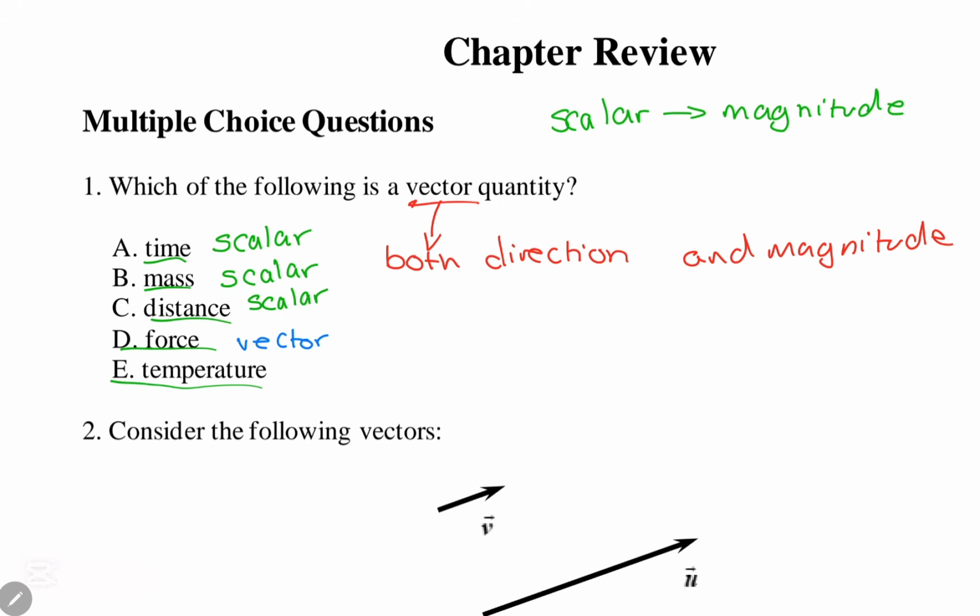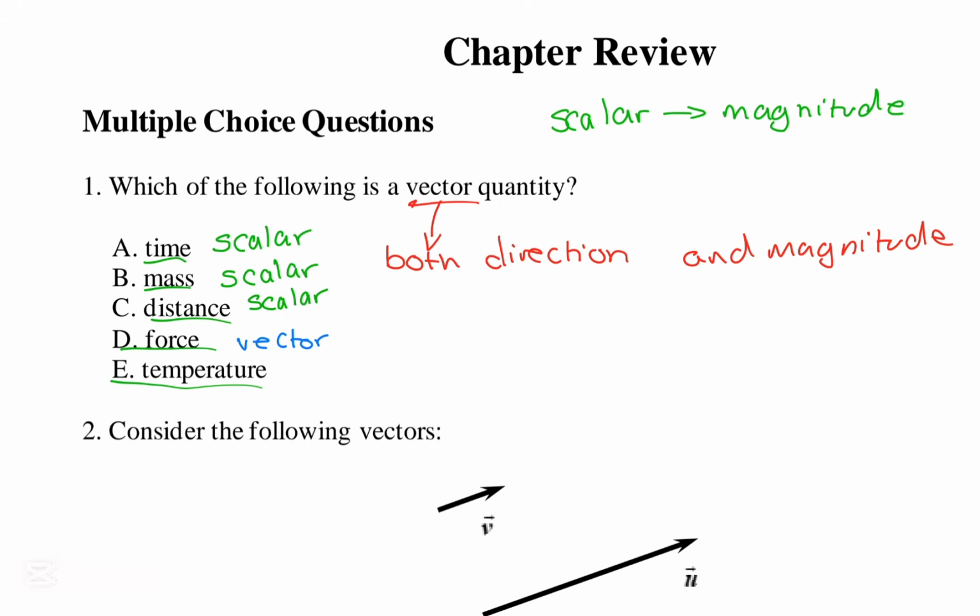Now, last but not least, temperature. When we talk about positive temperature and negative temperature, it is only explaining how hot or cold an object is. Very simply, temperature only depends on the magnitude. You know what I mean? It does not have a direction.